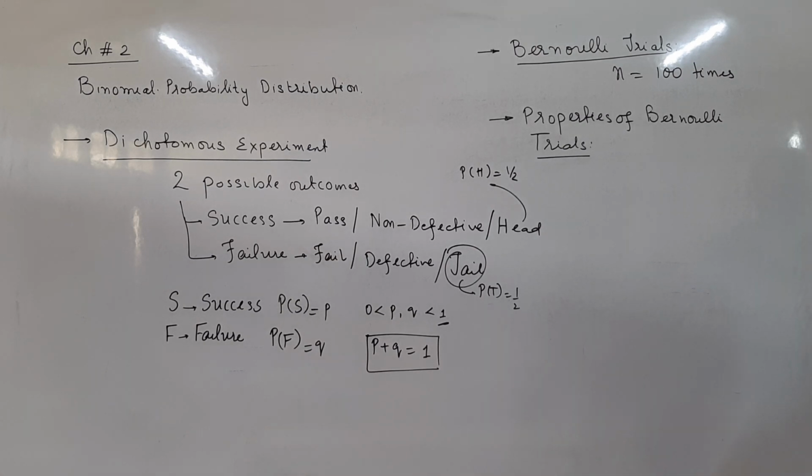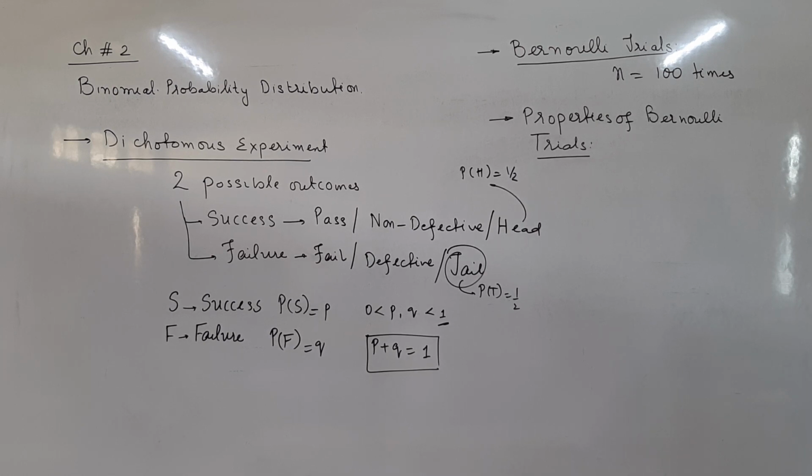Success and failure are mutually exclusive and exhaustive events such that P plus Q is equal to 1. I told you, the intersection between head and tail is the null set. And when you unite head and tail, you get the original sample space of tossing the balanced coin. So success and failure events are mutually exclusive and exhaustive.